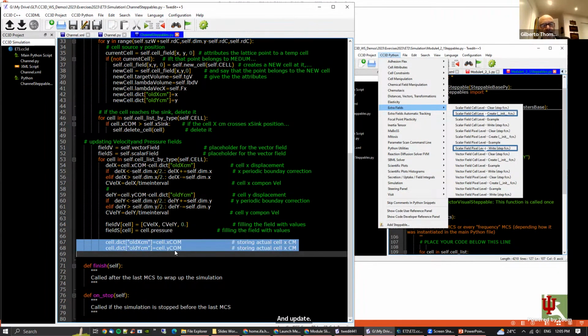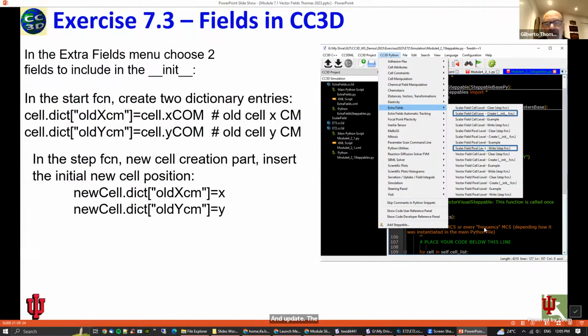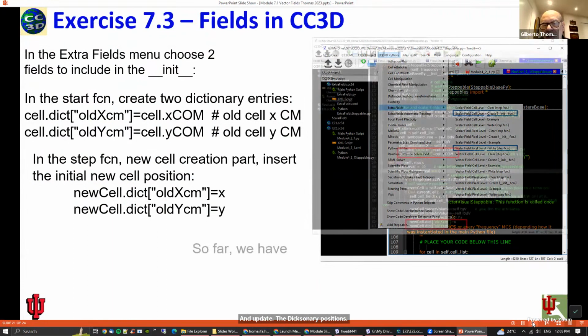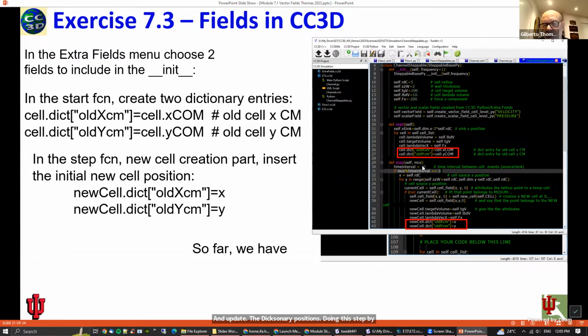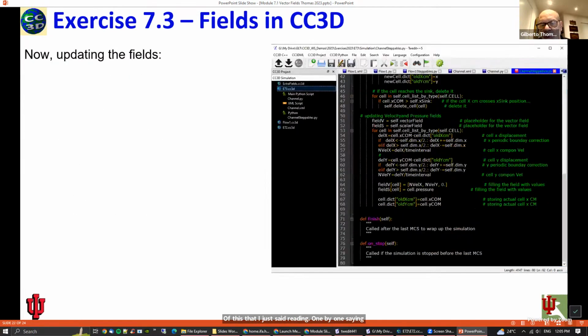the dictionary positions. Okay. I'm doing this step by step just for the presentation, so you have all of this that I just said written one by one, showing you how to include the lines, updating the fields here.